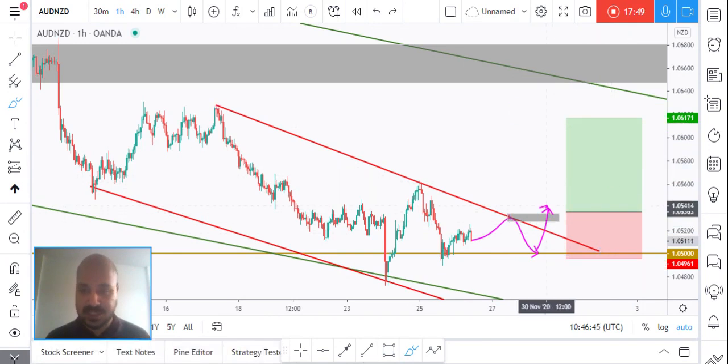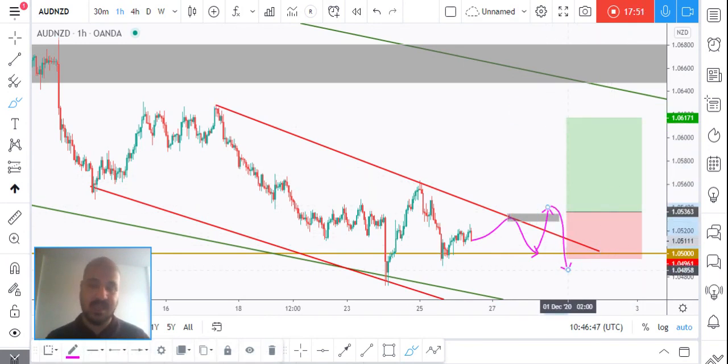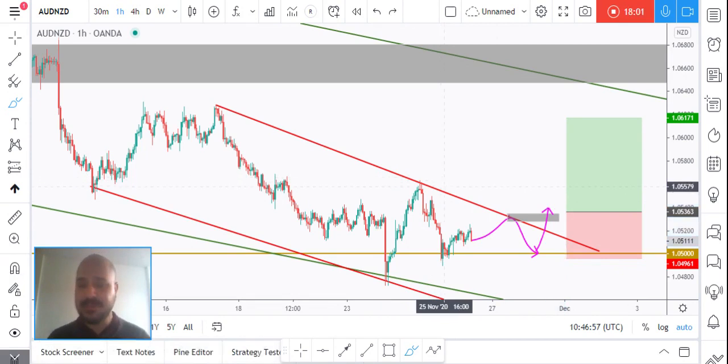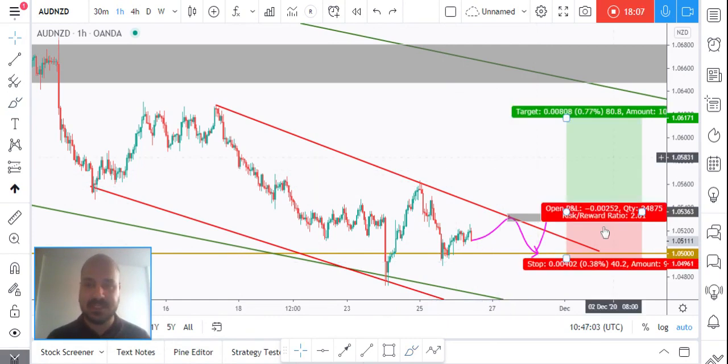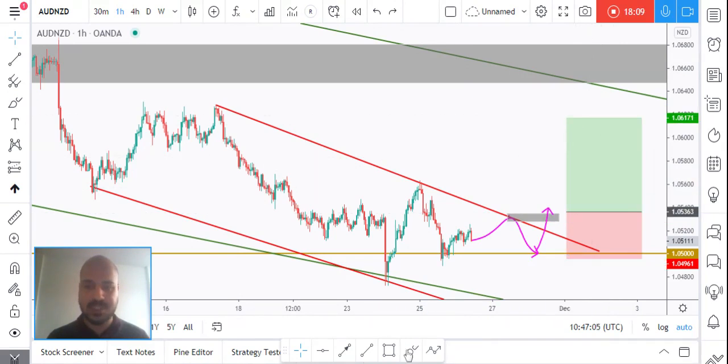If price goes down and makes a lower low, the downtrend will resume, and it's not a good idea to keep holding our buy. So that's why we put our stop loss just below the last swing low when the buy is activated. And we target a 2-to-1 risk to reward ratio.